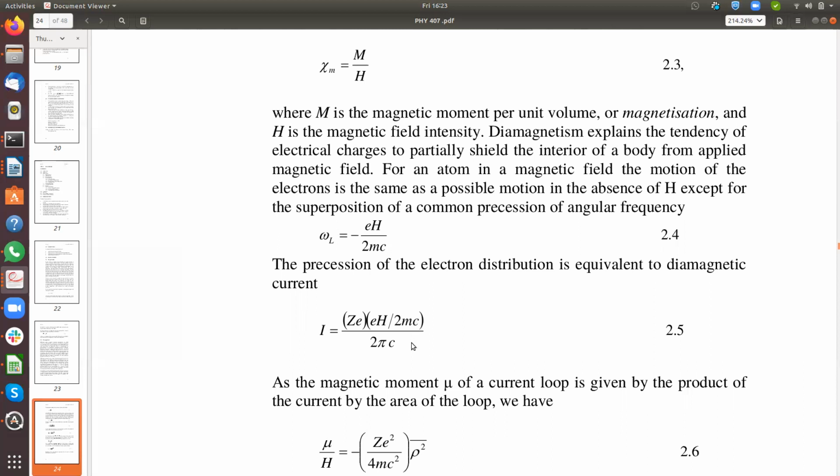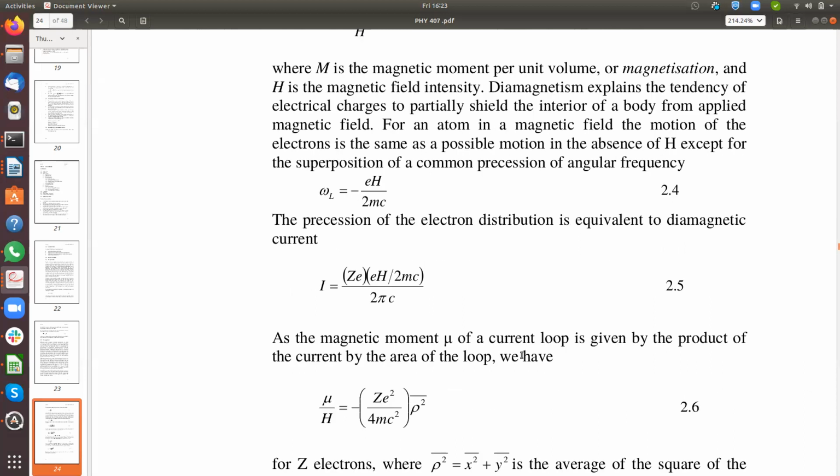So the magnetic moment mu of a current loop is given by the product of the current by the area of the loop.